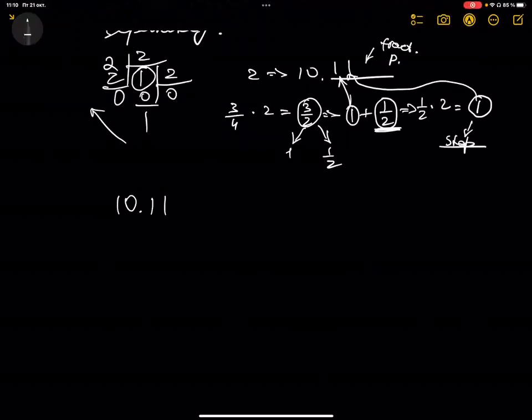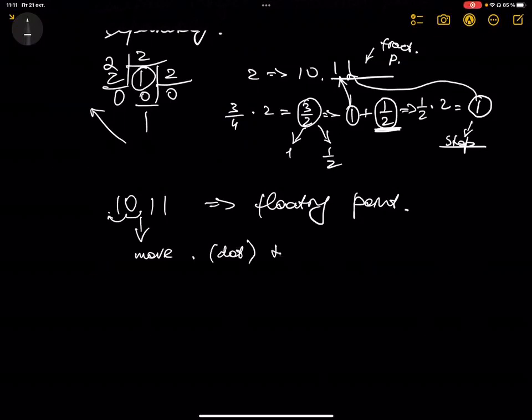So what I'm going to do right now is convert it to floating point notation. The very first thing that you have to do is to move this dot to the leftmost, the very first one.